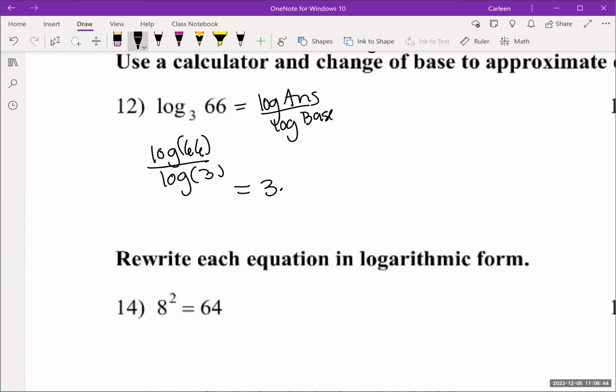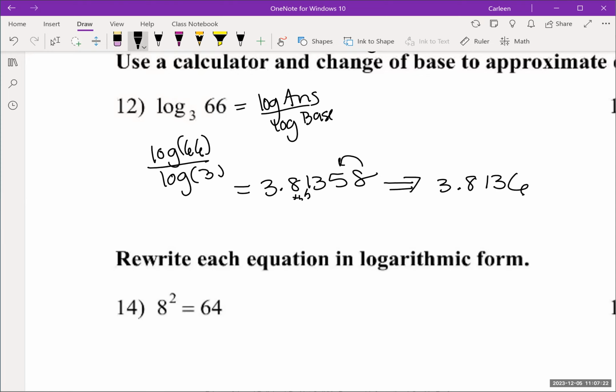Oh, goodness gracious. 3.8135 8. Tenths, hundredths, thousandths. So that 8 is going to bump this up. 3.8136. Okay, log of the answer divided by log of the base. Tenths. Oh my goodness, look at that, I was wrong.